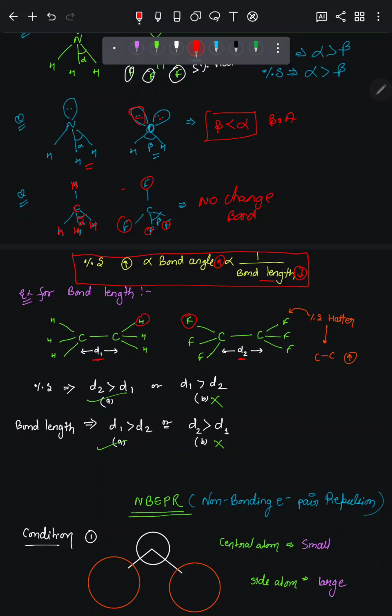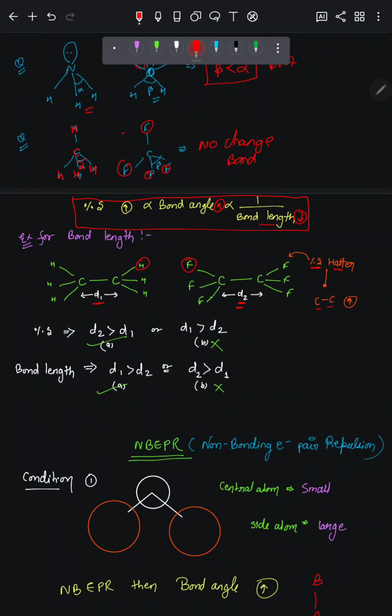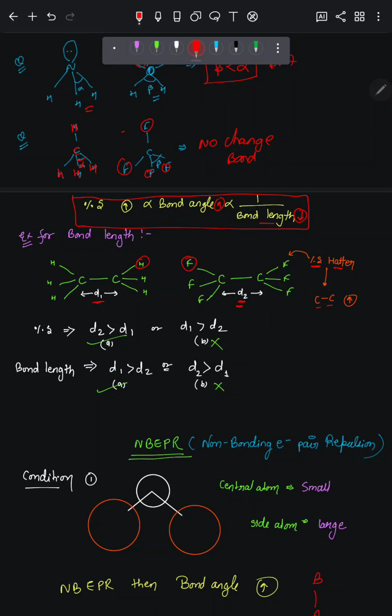If fluorine is present here and hydrogen is present here, we know that fluorine is a percent S hater, so the carbon-carbon bond will be increased, and the percent S character of D2 is greater, so D2 will be more in the distance as compared to D1. And if we talk about bond length, the order will be inverse. So D1 is more, the bond length of D1 is more as compared to D2. So this will be the answer to these questions.